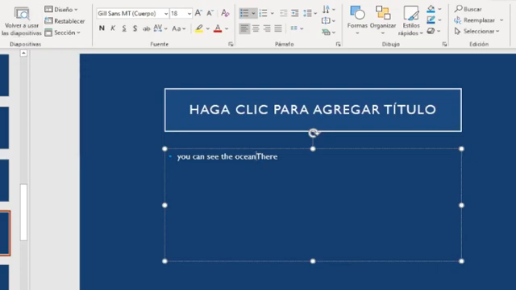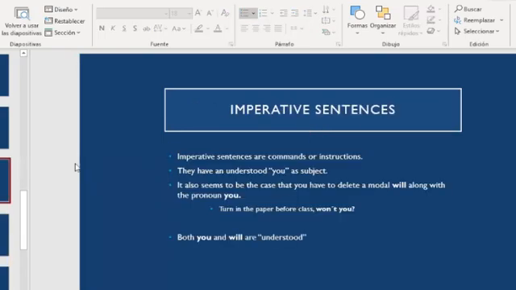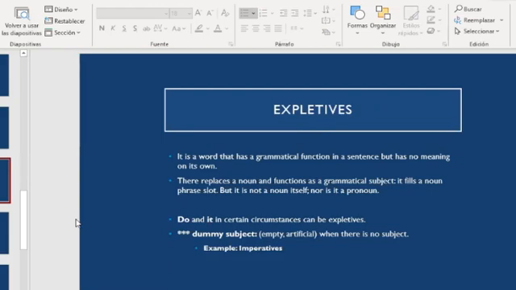Questions? Then when there is at the beginning, for parsing purposes, we have to identify it. I didn't say you need to. Because in the example that I just gave you, there is at the beginning: there you can see the ocean. Yeah, but then you have to have the combination there plus be. Got it.